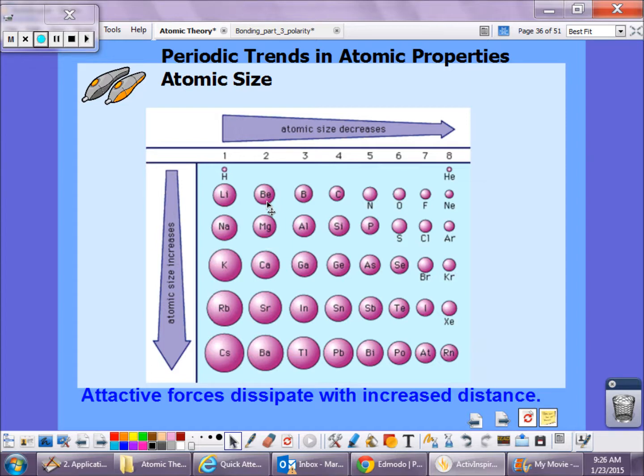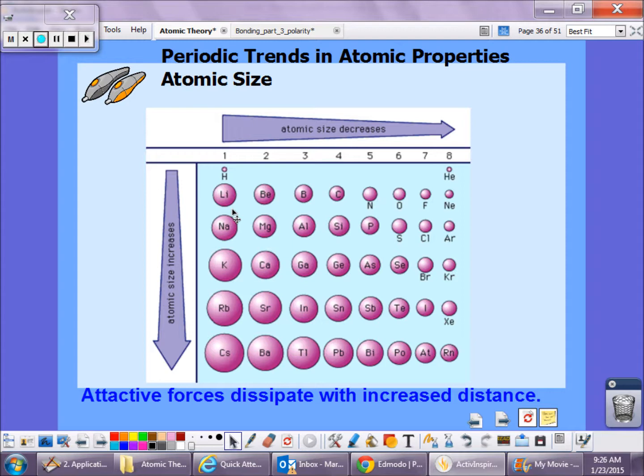This is a trend that you need to use an argument to explain why that trend is the way it is. You start your essay by saying, yes, atomic radius decreases as you move from left to right because. You need to add a because. That trend is not a because. That trend is an observation because of something.